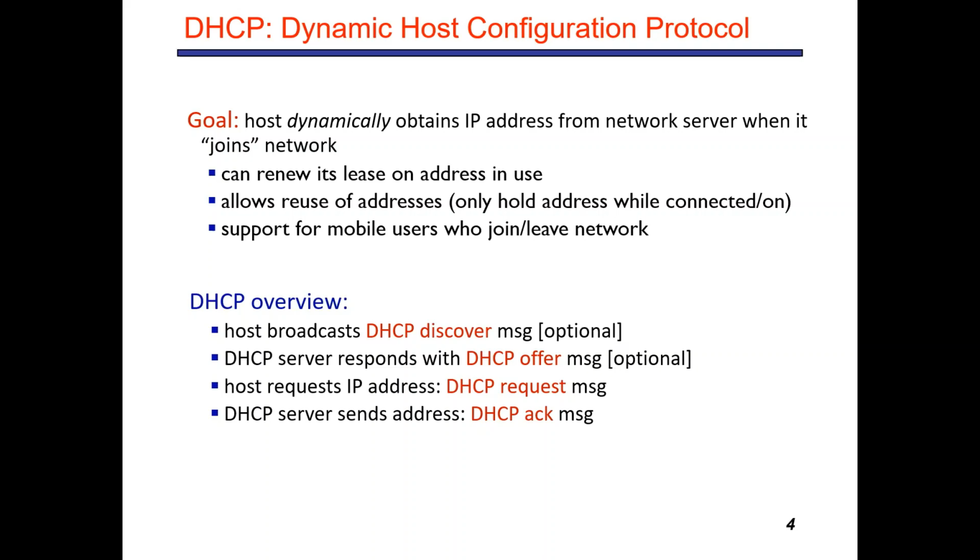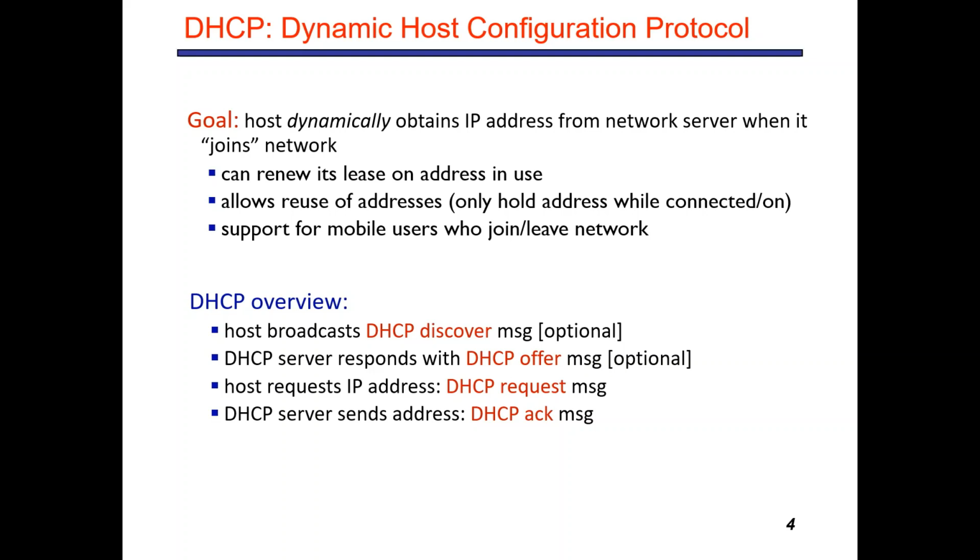To give you an overview of DHCP, normally there are four types of messages exchanged in the protocol. I'm also going to show you these in a more graphical way, how these messages work. When a host joins the network, it broadcasts a message called the DHCP discover message. However, this message is optional. In the second message, the server responds by offering an IP address, the DHCP offer message.